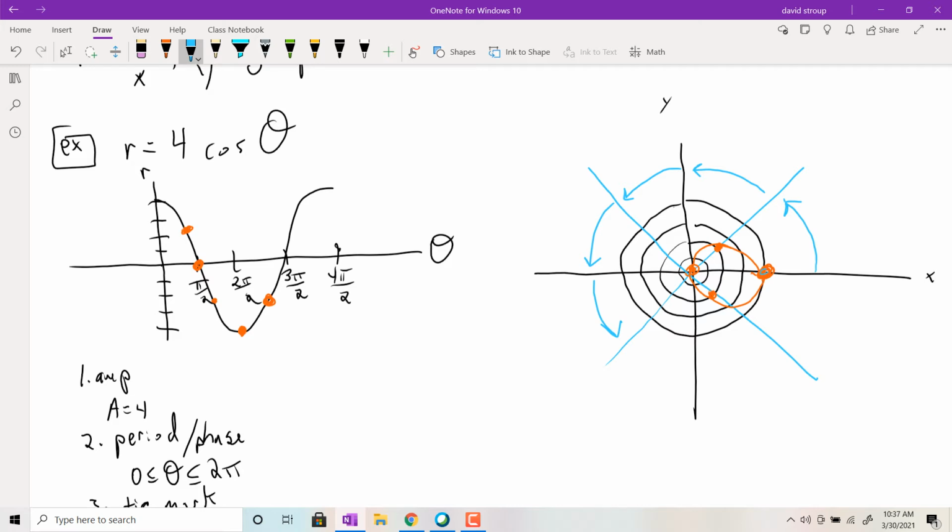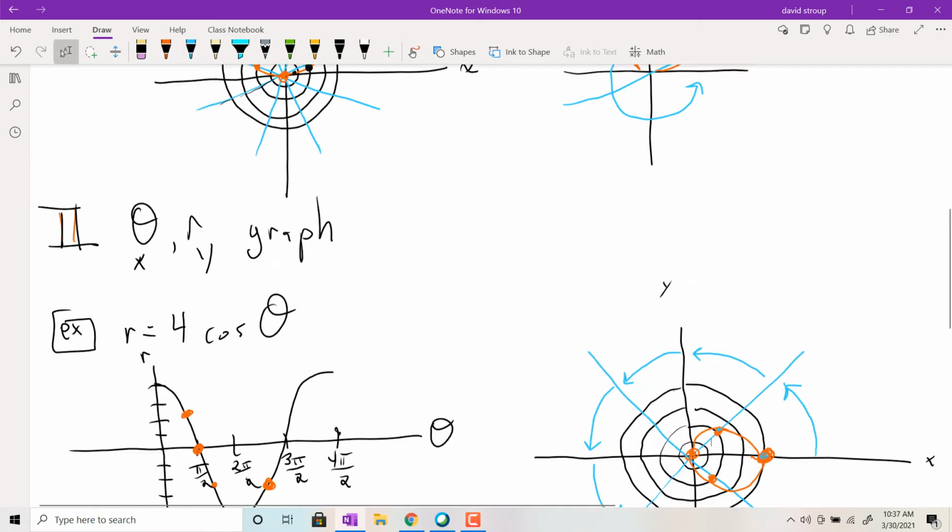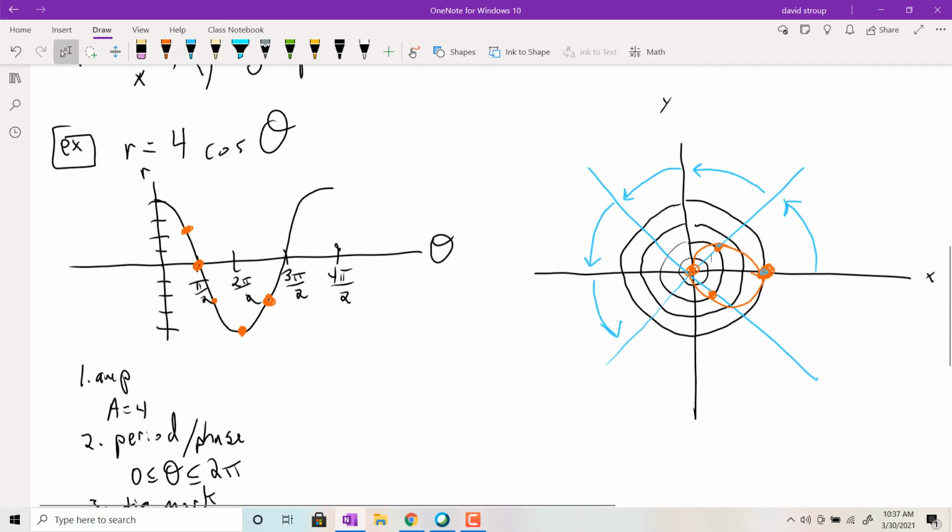So it's like negative 4 here, and then it's retracing itself in that sector. Okay, so what you're ending up with is this kind of, it should be a perfect circle, and this new kind of orientation because of the cosine function as opposed to the sine function up here.